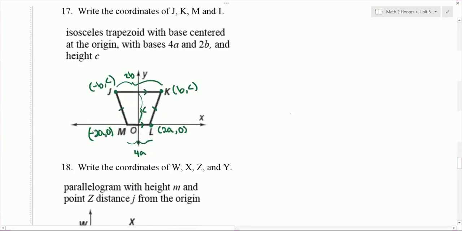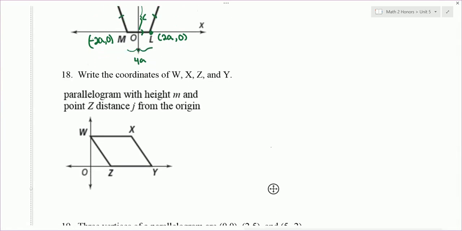Number 18. Write the coordinates of W, X, Z, and Y. We have a parallelogram with the height M and point Z distance J from the origin.